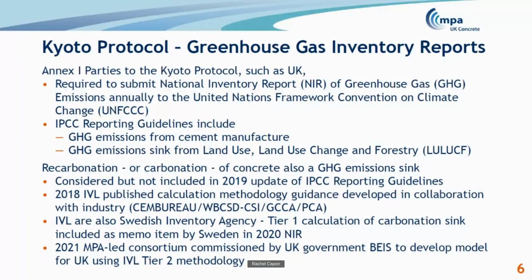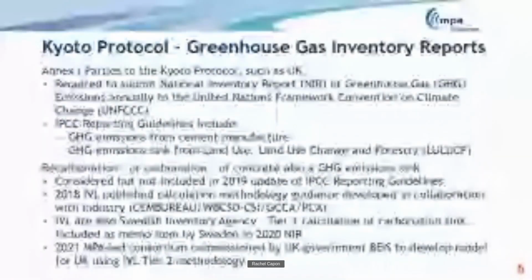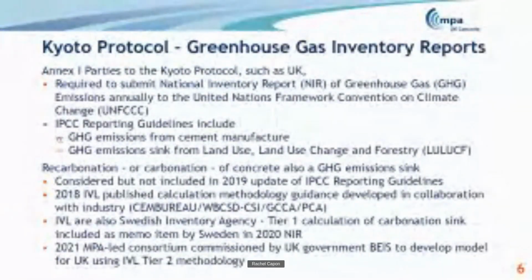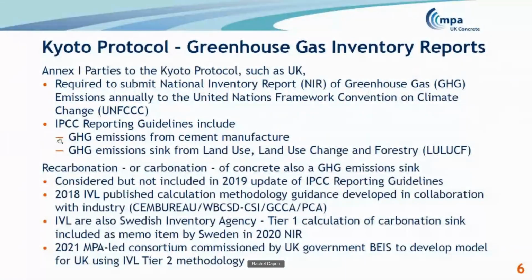And there are reporting guidelines provided by the IPCC, which cover the whole range of sectors, but they include the greenhouse gas emissions from cement manufacture that I already talked about. They also include greenhouse gas emission sinks.